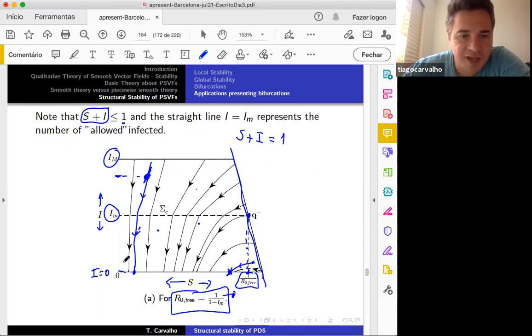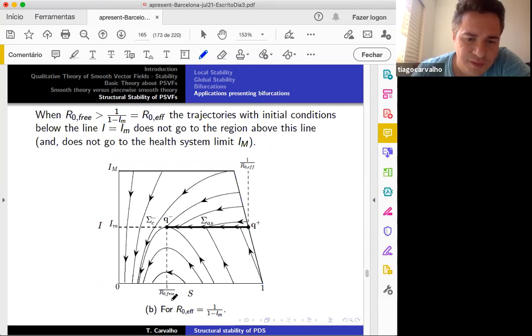Now let's see the next one. This is when this number becomes smaller, and it is always smaller than this one. But let's look now when this number is equal to this value, entering the region of interest.